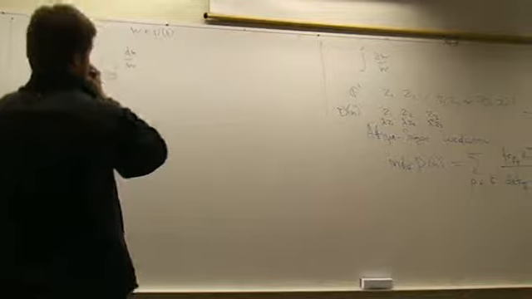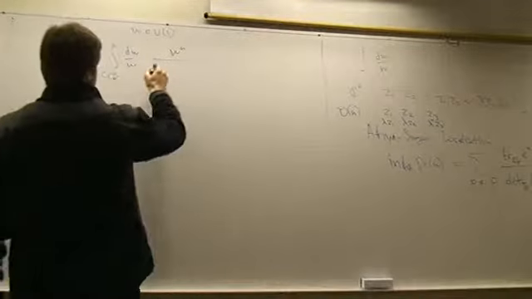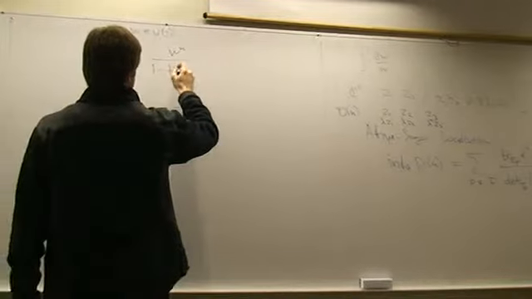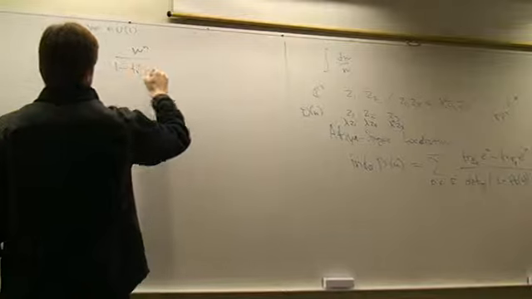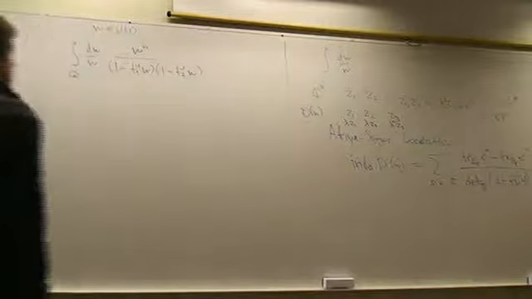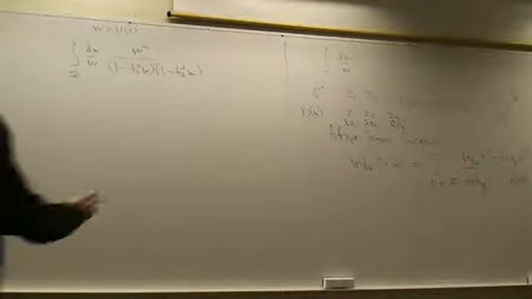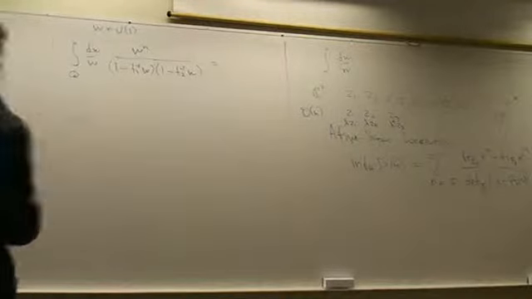It would be w to the n, which comes from the numerator, and 1 minus t1 to the minus 1 w, 1 minus t2 to the minus 1 w.